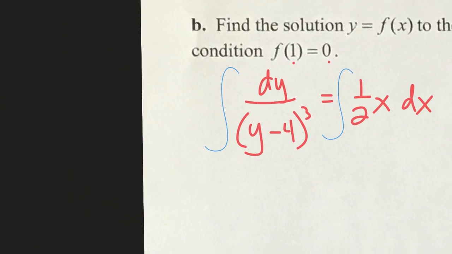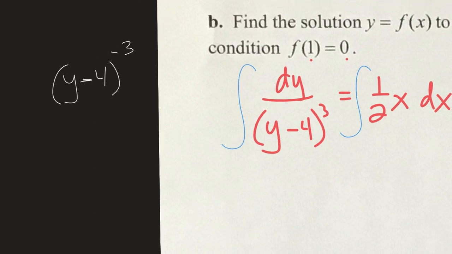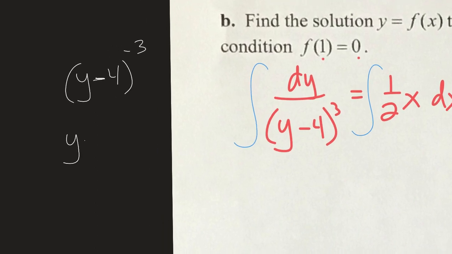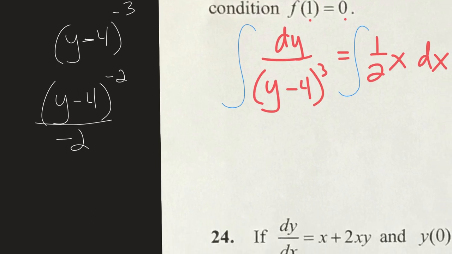So remember, this on the left can better be written as (y minus 4) to the negative third. Okay, so when we anti-differentiate this, it becomes (y minus 4) to the negative 2 divided by negative 2. So that's what the antiderivative is going to be.